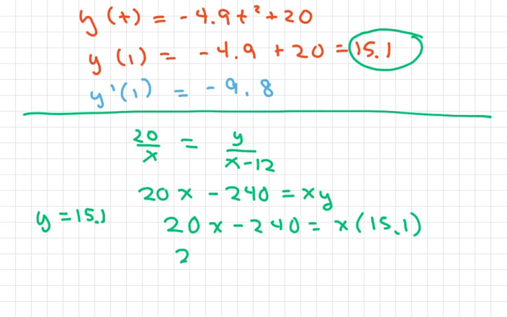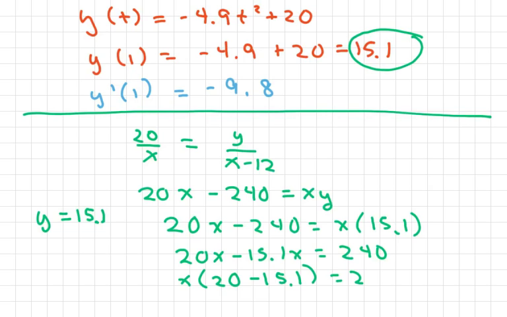So basically we have 20x minus 15.1x equals 240. And factor out the x. And divide both sides by that, and you're going to get x equals 240 over 4.9.